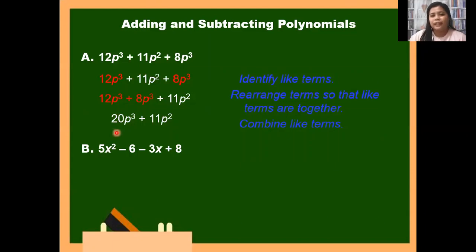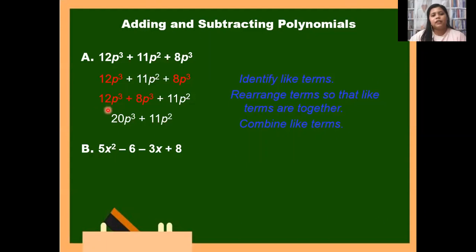And please take note of this, that when you are combining similar terms, all you have to do is to copy the variable and its exponent. You do not need to add nor subtract the exponent because when you are combining, all you have to do with the variable is to copy it, nothing else.